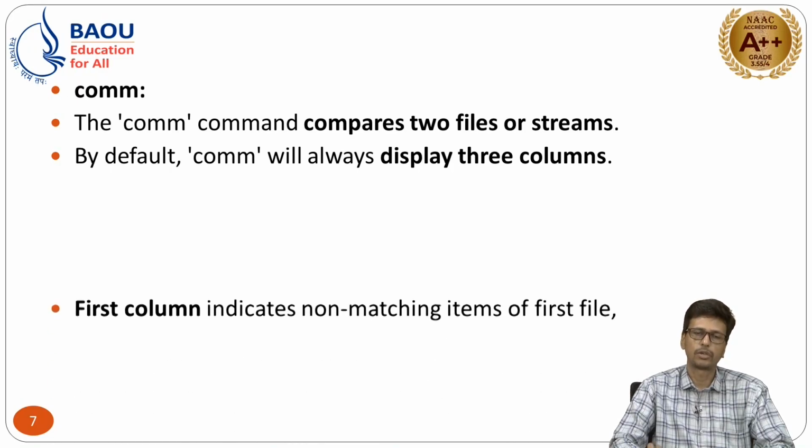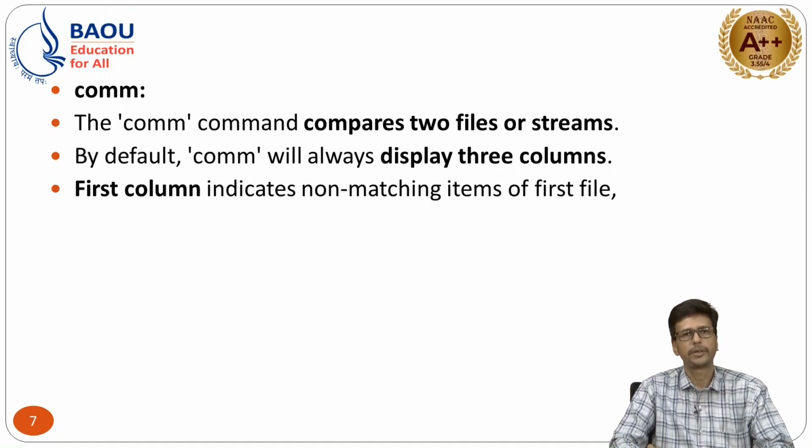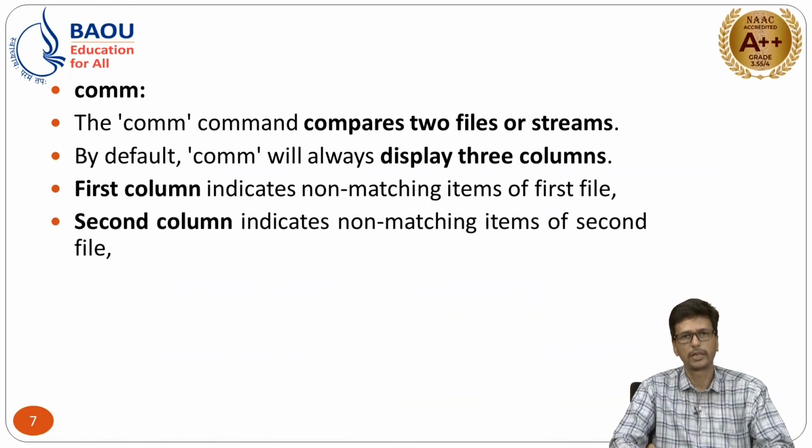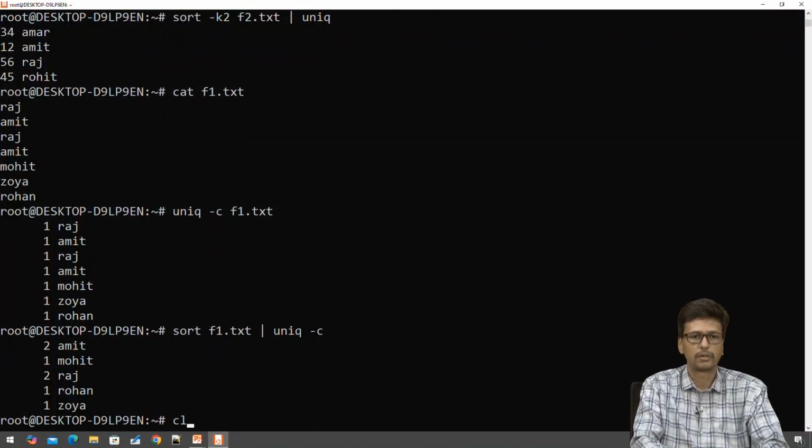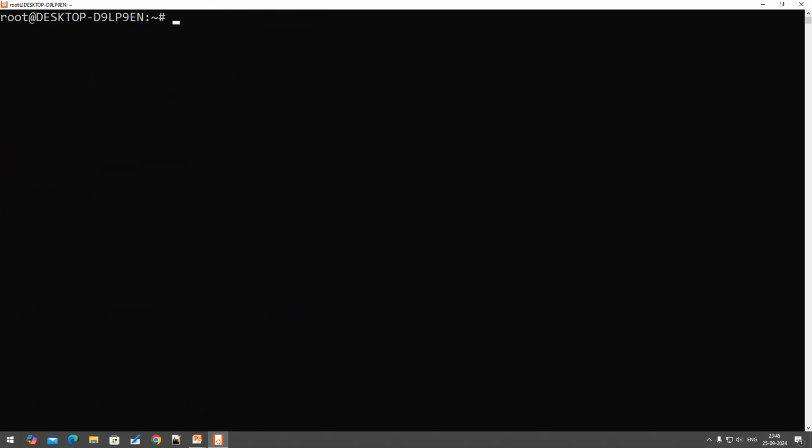The second column represents the contents available in the second file but not in the first file, and the third column represents whatever items match, or the contents available in both files. This way you can apply the comm command. So we are applying this practically. We can check the data here first.